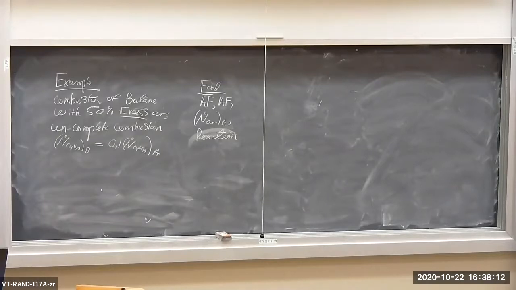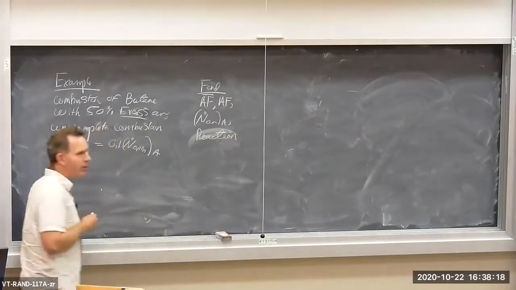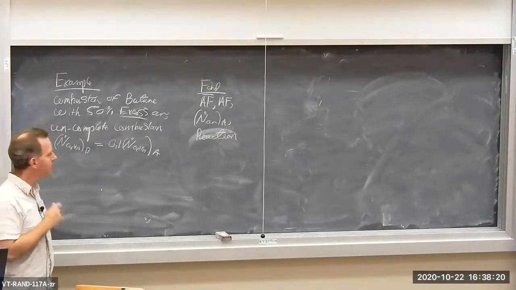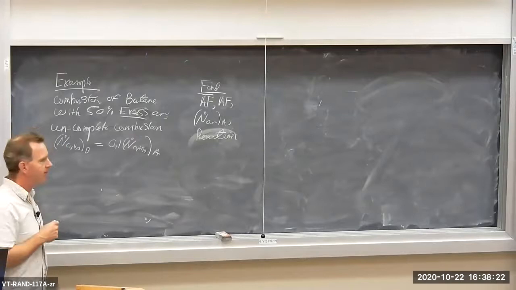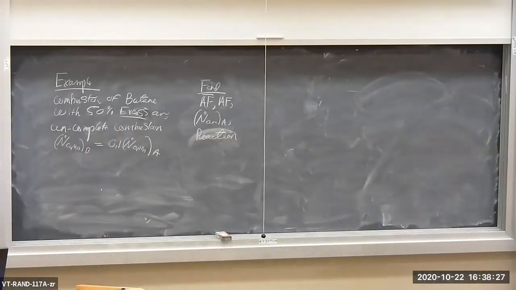Everything was converted into CO2 and H2O, and of course there's nitrogen that doesn't participate in the reaction. So the first example that we did was stoichiometric. We're going to build off of that.